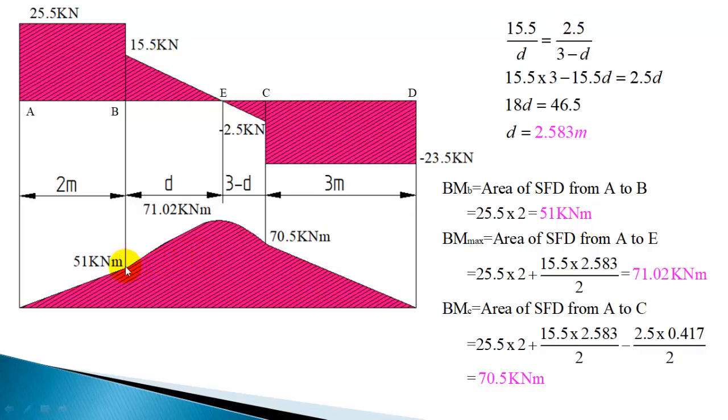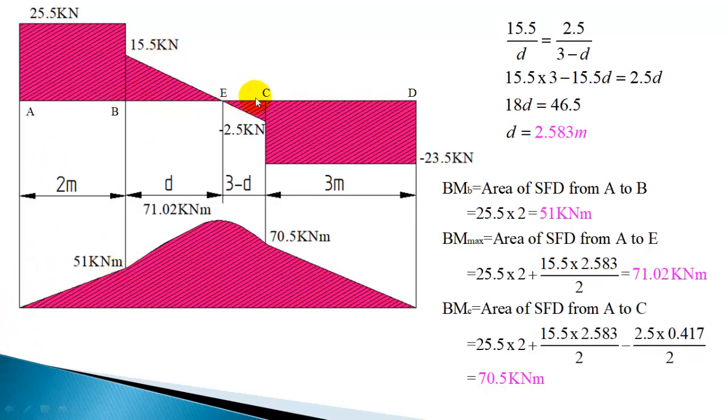So you get the bending moment at this point B as 51 kilonewton meter, and the variation of bending moment is going to be linear because shear force is constant for that section. So you can show the linear variation up to that point.